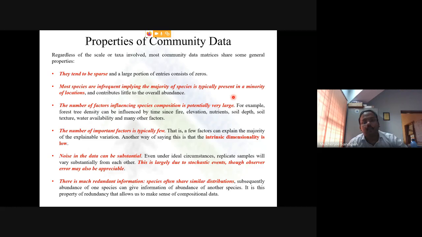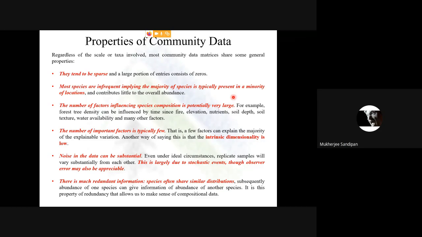Most species are infrequent, implying the majority of species are typically present in a minority of locations. Although it can be sparse, it may be concentrated at a single location. See, in the Himalaya, if you come to Uttarakhand, Jammu and Kashmir, or Himachal Pradesh, in most cases you will see chir pine trees. Pine trees are very common in the northwestern Himalaya.